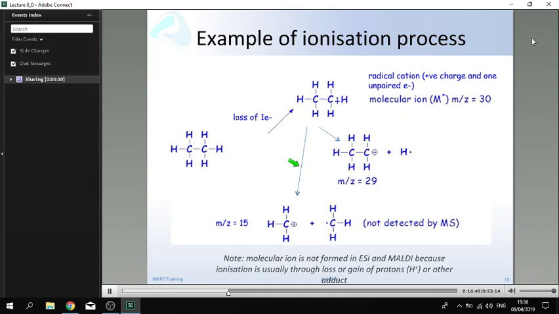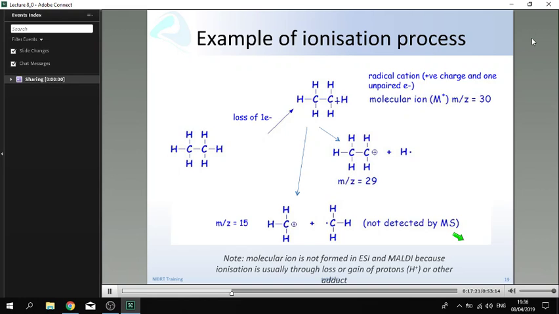This radical cation, or molecular ion, is not really stable, so it will quickly break more. It will lose one hydrogen, and we will now have a positively charged molecule with a mass to charge ratio of 29. And then it will also break here, and we will get one positively charged molecule that has a mass to charge ratio of 15, and another one that is not charged.